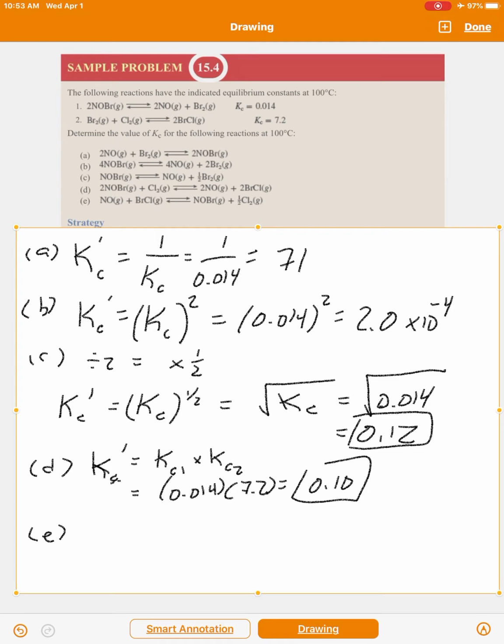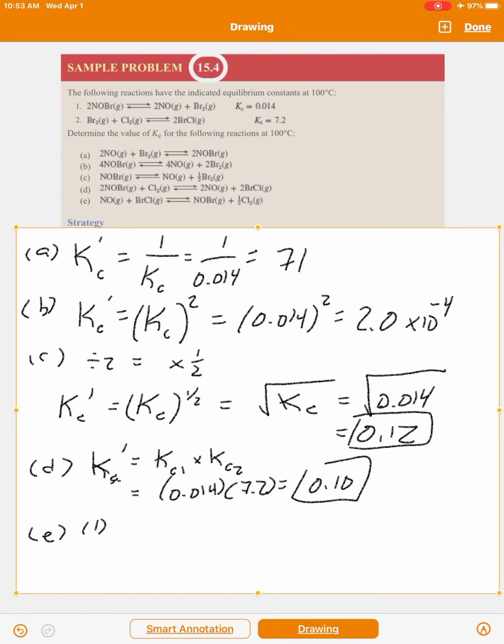So wow, they're doing all kinds of things. They've done everything you can. They've taken equation 1, reversed it, and divided by 2. They've taken equation 2, reversed it, divided it by 2, and then added the two together. So we're taking all of the different rules together.